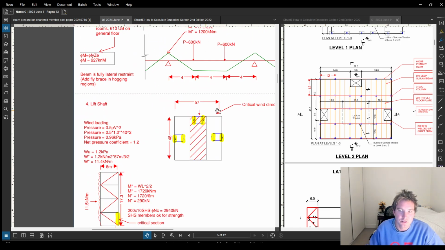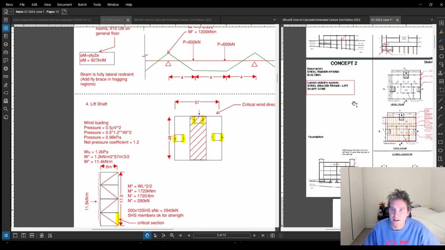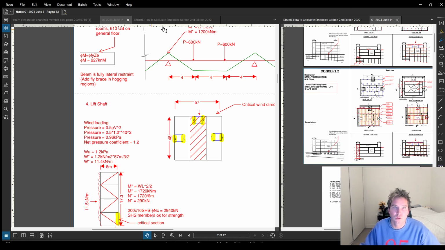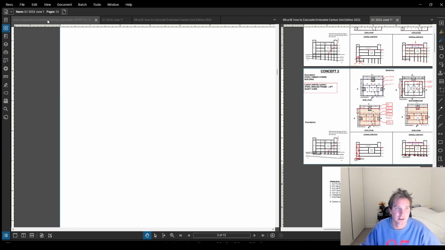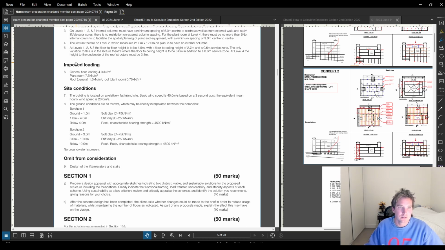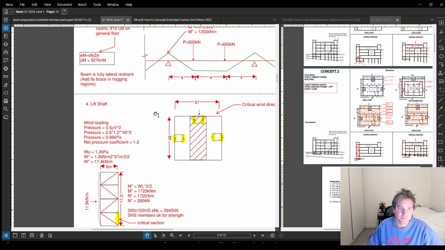The lift shaft, in my opinion, is what I've identified over in my concept on the right hand side here as my lateral stability system. So that is why this wind loading that we get in the imposed loading, that's where that comes into play. Where does it talk about wind loading? Here, 40 meters per second.